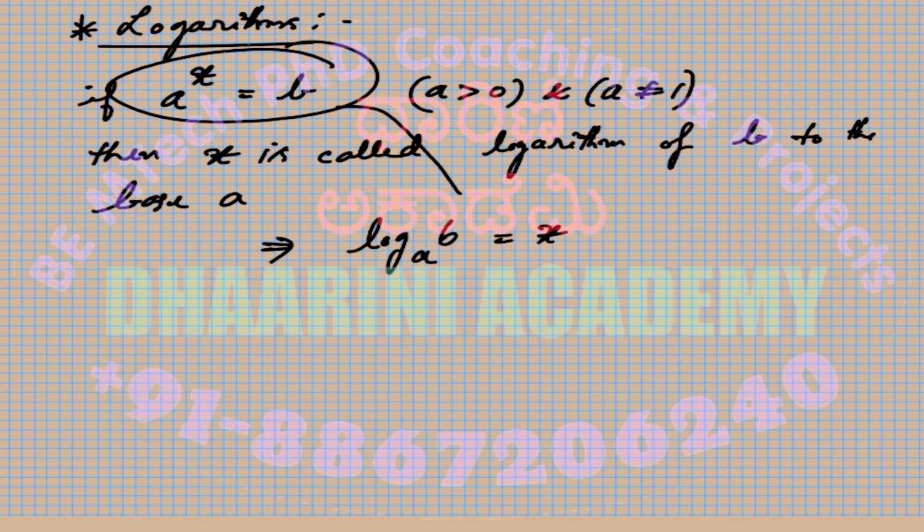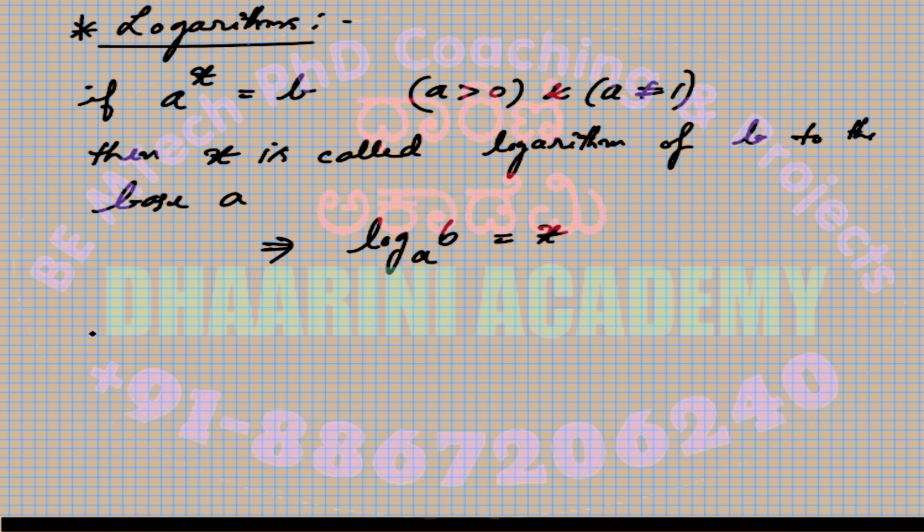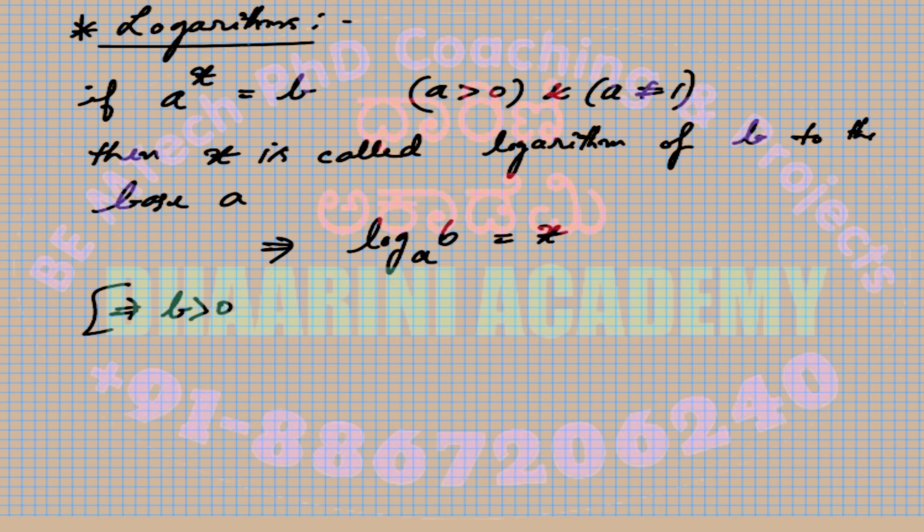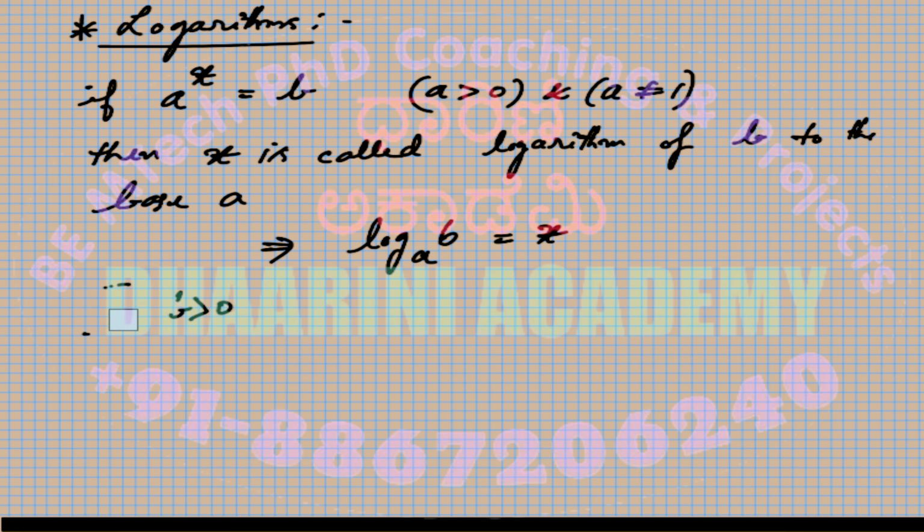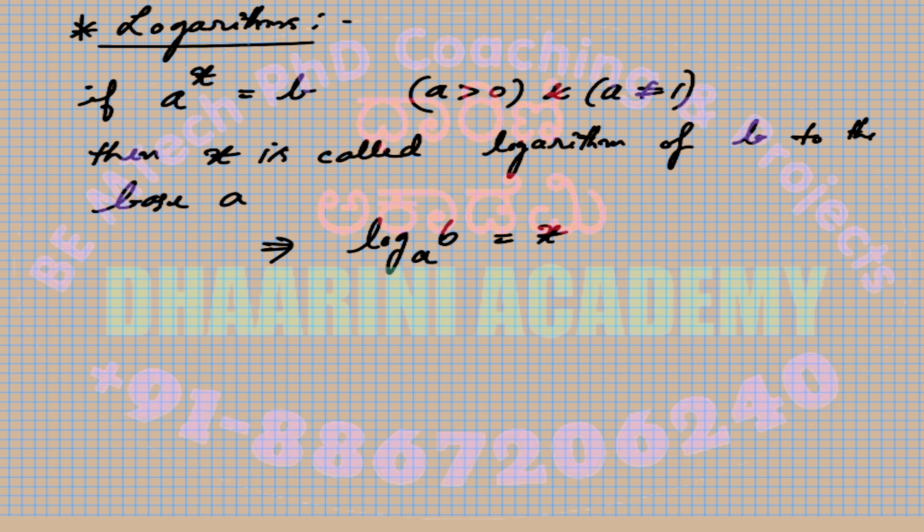Again, from this newly written equation, which includes log, it is very clear that b will definitely be greater than 0. So this implies b greater than 0 for sure. So from this particular equation, it's very clear that b is also greater than 0.